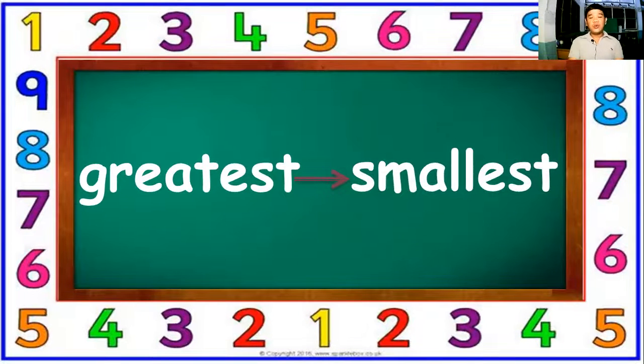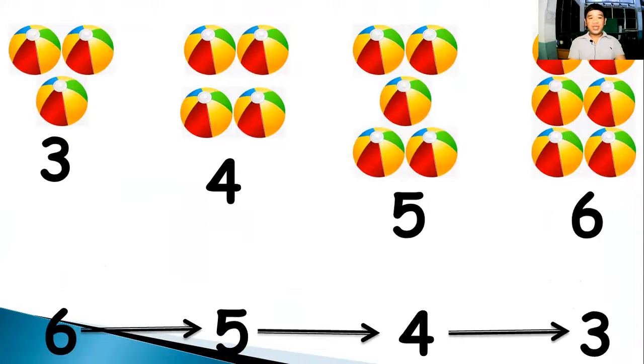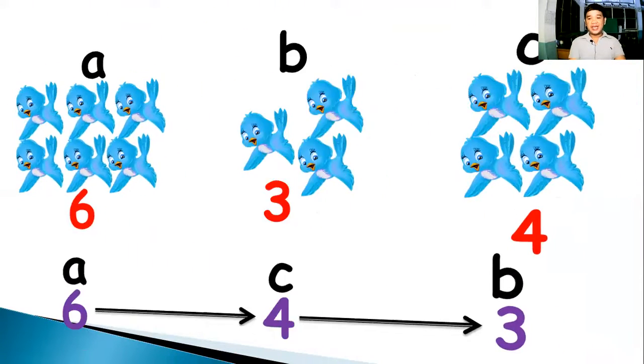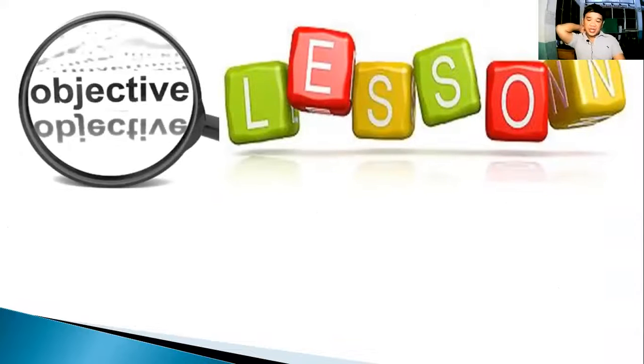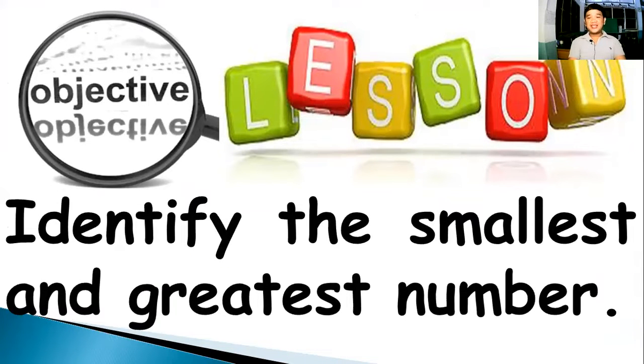You also know how to arrange the numbers from greatest to smallest. So that's right. This morning, we are going to learn how to identify the smallest and greatest number.